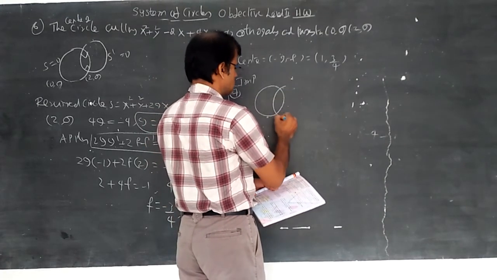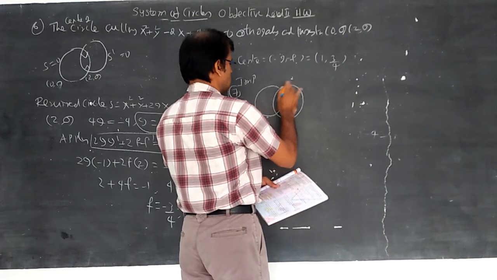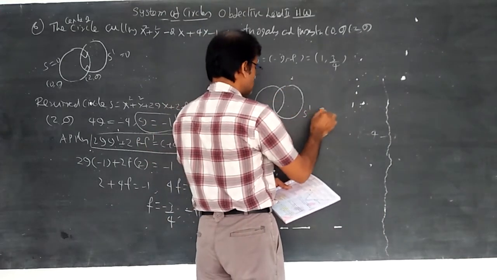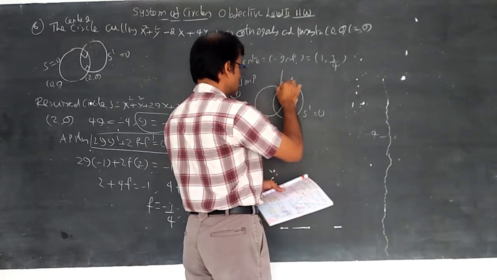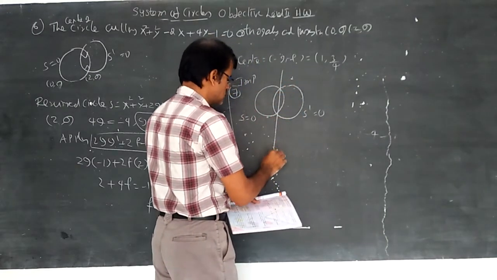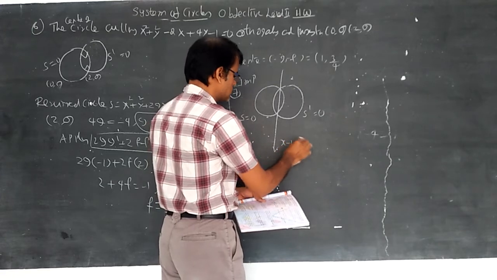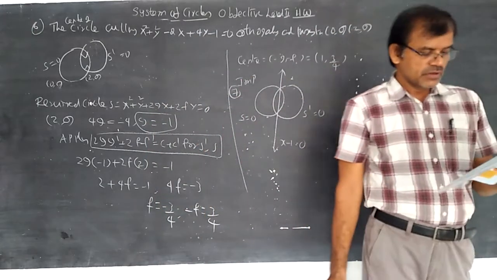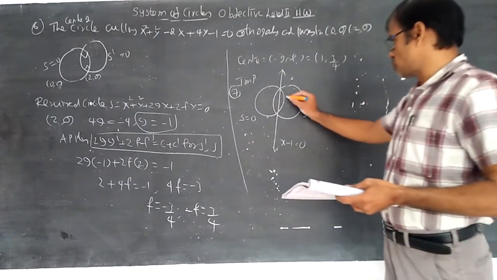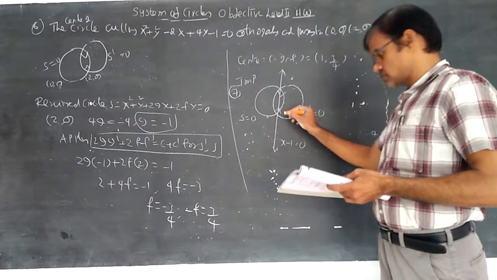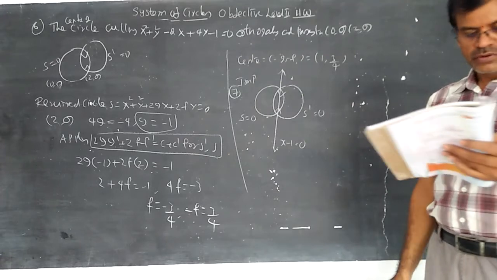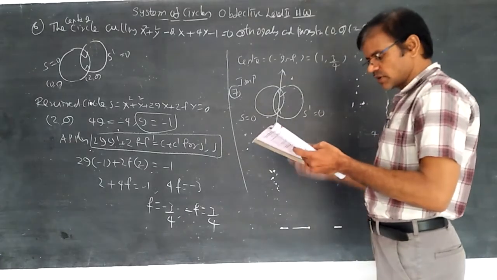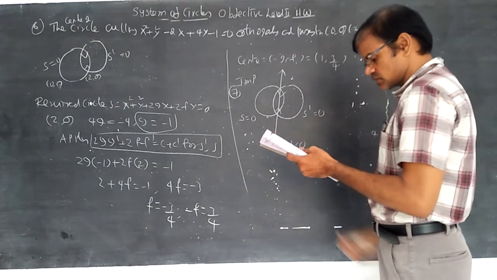Draw like this. This is S equal to 0 and this is S'. This line x minus 1 equal to 0 is the radical axis, and the circles cut each other orthogonally, like this.